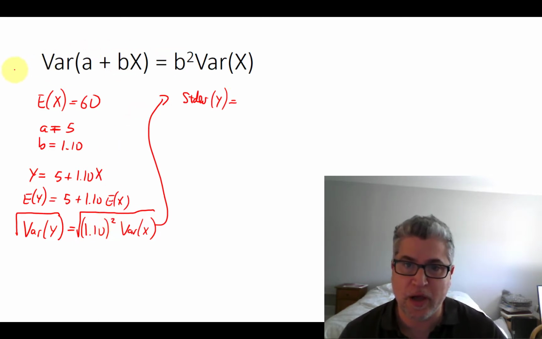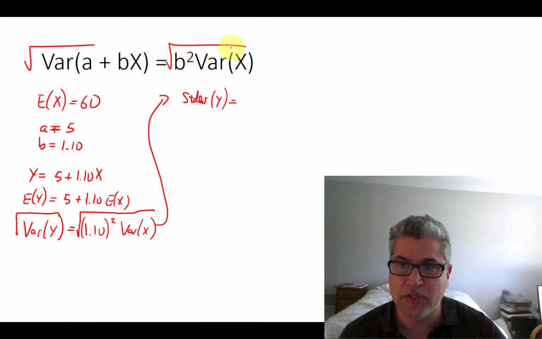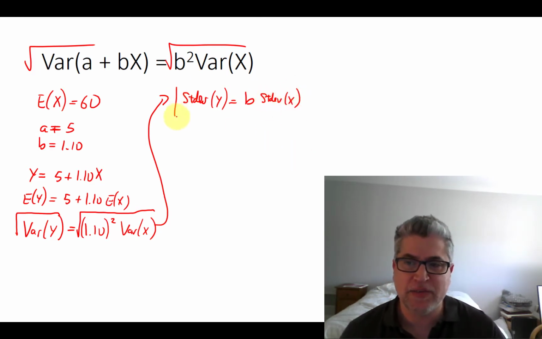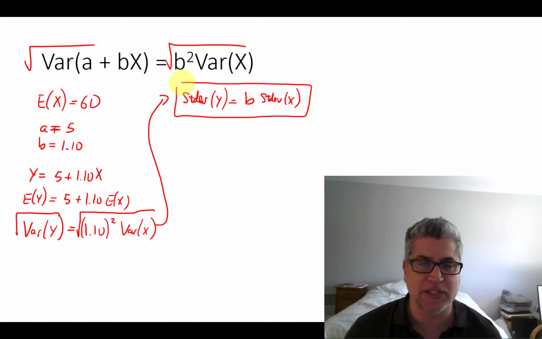The square root of b squared is just b. So b. And then the square root of the variance is just the standard deviation of x. And in this form, this is much easier for us to understand.